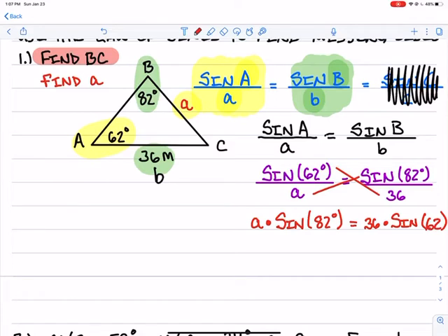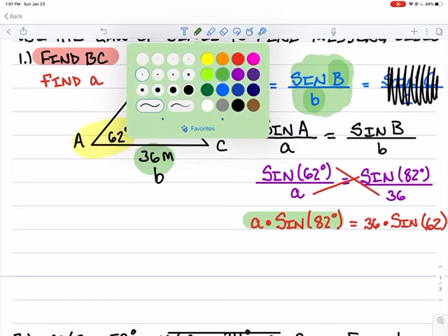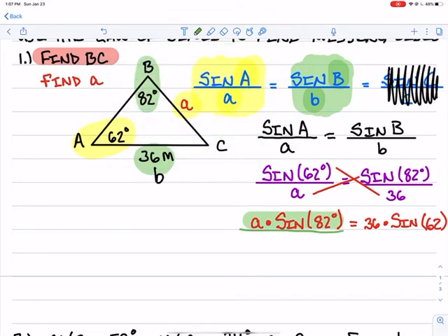So no more fractions. I need to get A by itself, so I'm looking here. I don't care about what's over here. I'm just looking at A times the sine of 82. I need to get rid of that sine of 82. To do that, I divide both sides by the sine of 82.